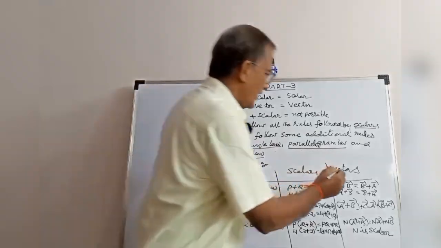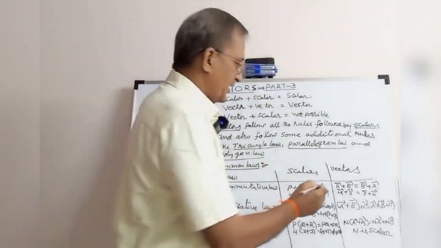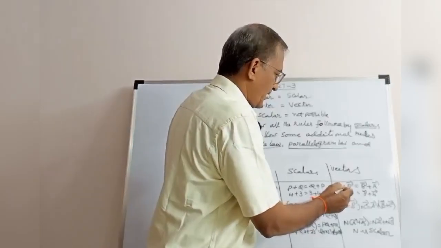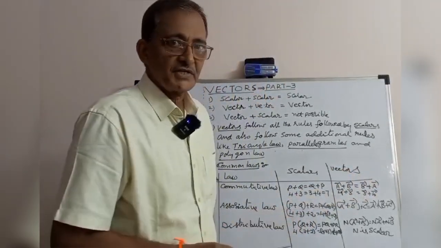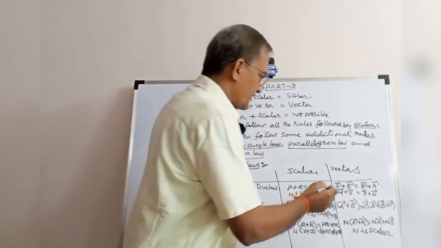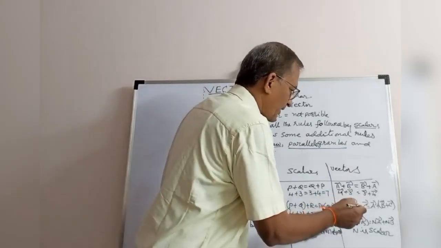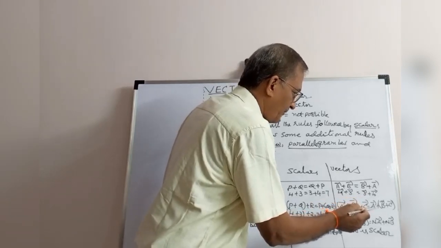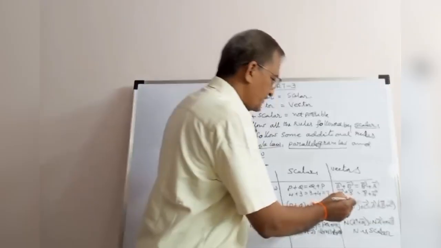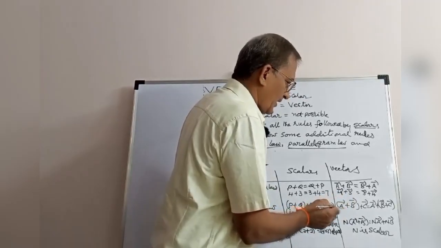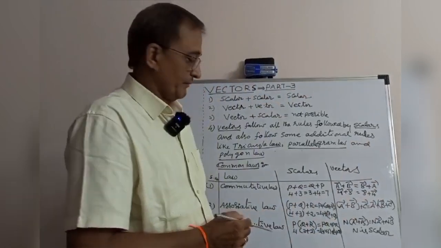Whereas in the vector addition also, the similar laws are followed. For example, A bar plus B bar is same as B bar plus A bar. The order of addition is not important. And similarly, A bar plus B bar plus C bar is nothing but A bar plus B bar plus C bar. Here, B bar is associated with A bar and B bar here is associated with the C bar.